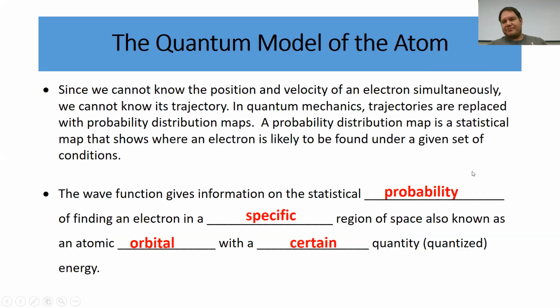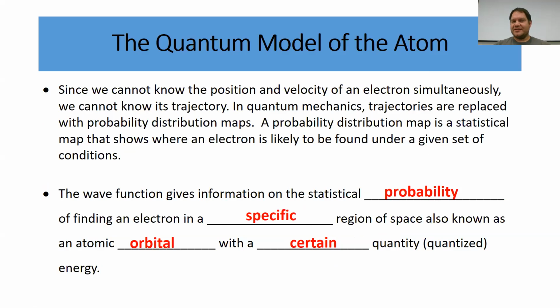All right, so here we get a little bit into position, a little bit about trajectory of electrons or particles in the classical sense versus the quantum sense, okay?